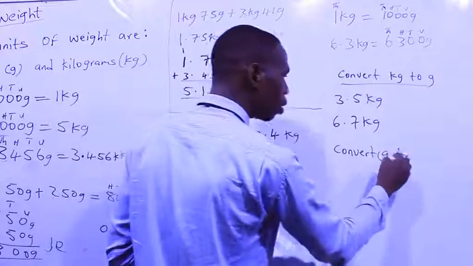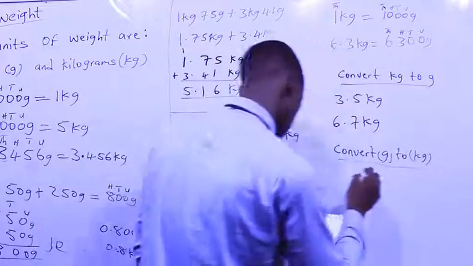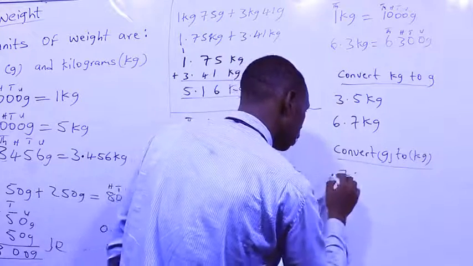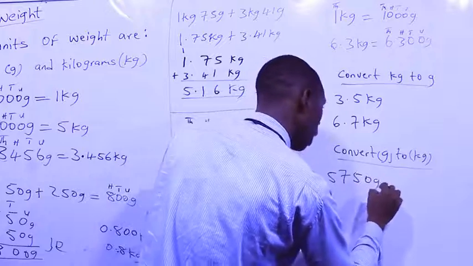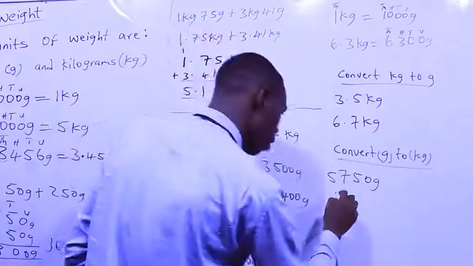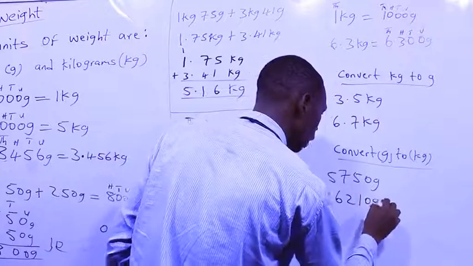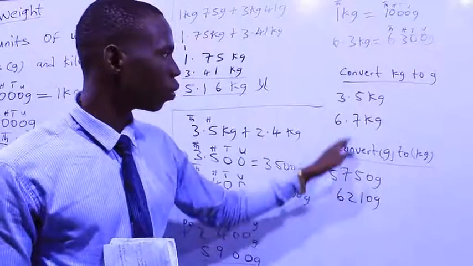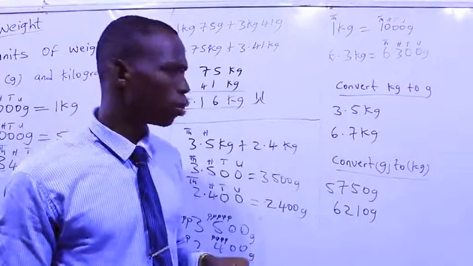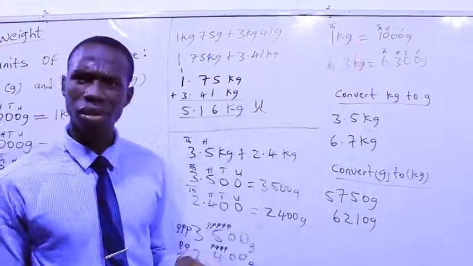Convert the grams to kilogram: 575 gram, convert it to kilogram. 6210 gram, convert this to kilogram. And submit it at the website. You can see on the screen.